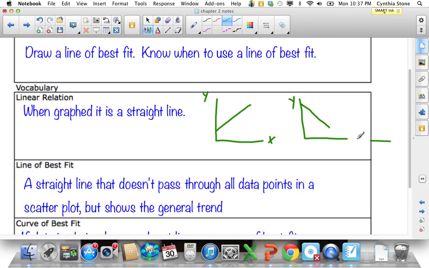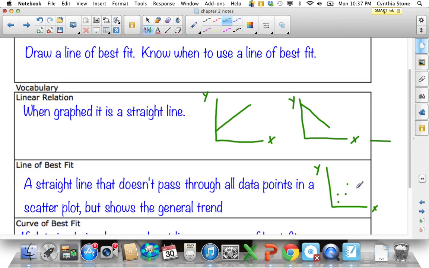Okay, so next, what is a line of best fit then? It's a straight line that, if you had a whole bunch of data and you plotted it, would basically approximate what that data looks like. So here's just another quick example, and you'll see more as we go through the note. Imagine you collect a bunch of data, and it kind of looks like this.